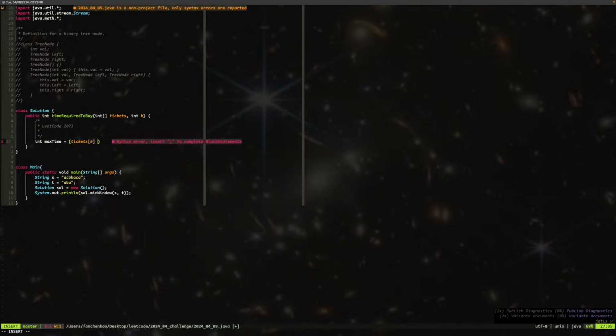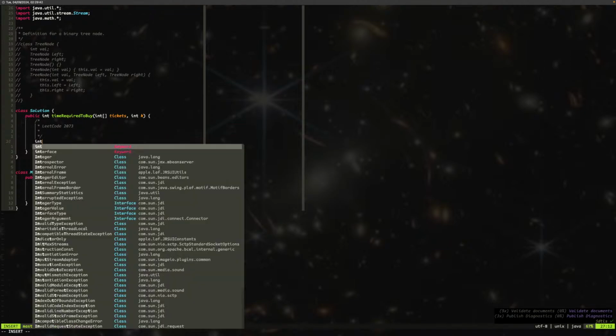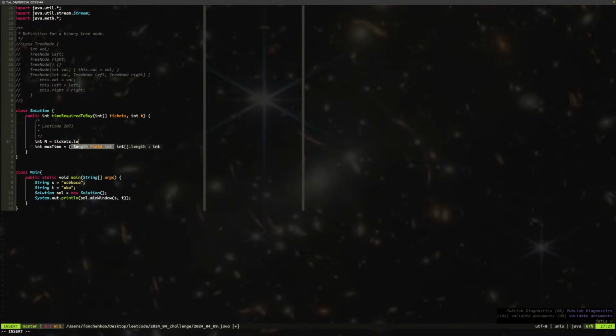tickets k minus 1 times, all right, we probably need to use this a lot, so let's just do this, tickets dot length. So we do this times n plus k plus 1. That's the total max time. And overcount is 0.